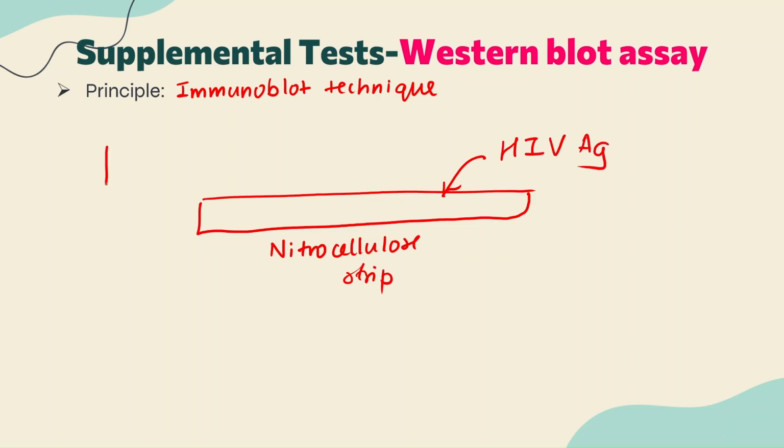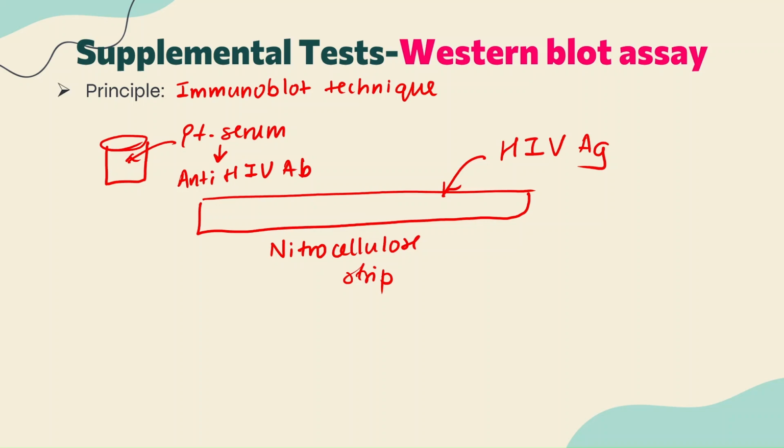We are taking the patient's serum, in a container, in which we are expecting the presence of anti-HIV antibodies, I mean antibodies which are against the HIV antigens. Those are called anti-HIV antibodies present in the patient serum.